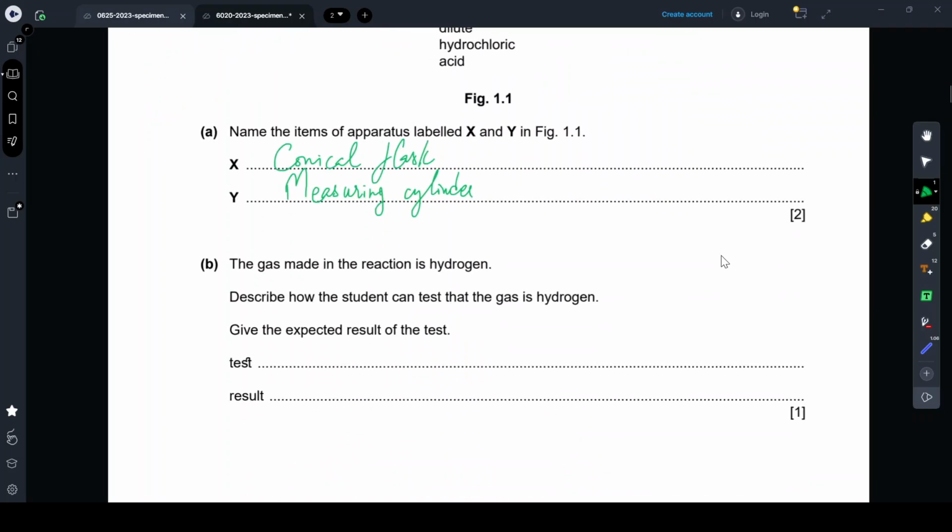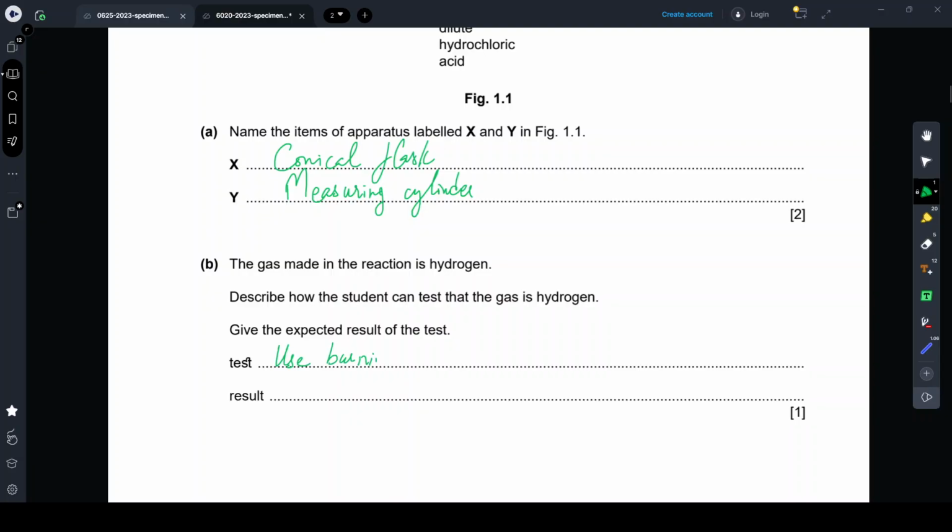The gas made in the reaction is hydrogen. Describe how the student can test that the gas is hydrogen. Give the expected result. The test would be a burning splint at the end of the test tube containing the gas.